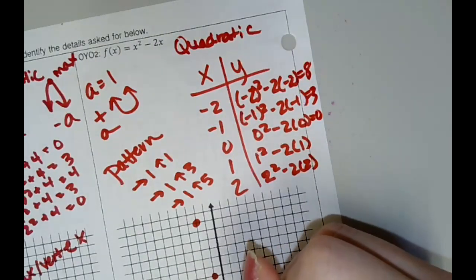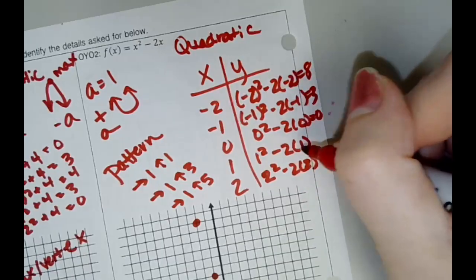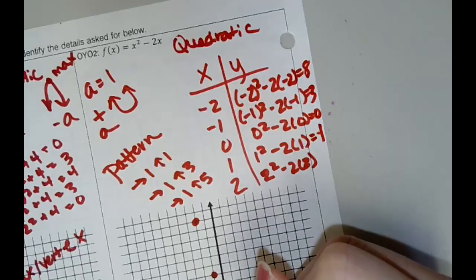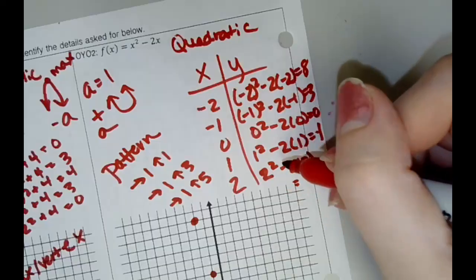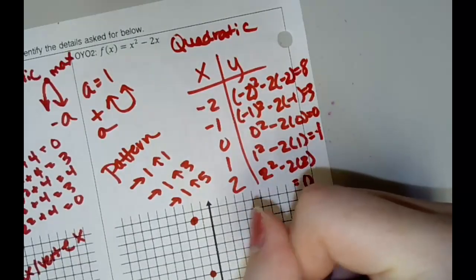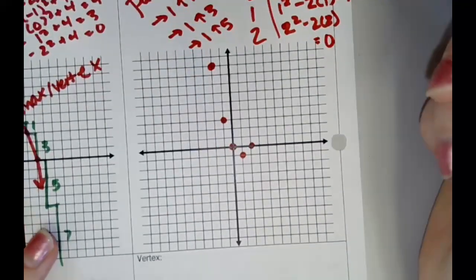So 0 minus 0 is 0. Okay, now I have 1 squared, which is 1 minus 2. So 1 minus 2 is -1. So 1, -1. And then I have 2 squared, which is 4. 4 minus 4 is 0. So here.